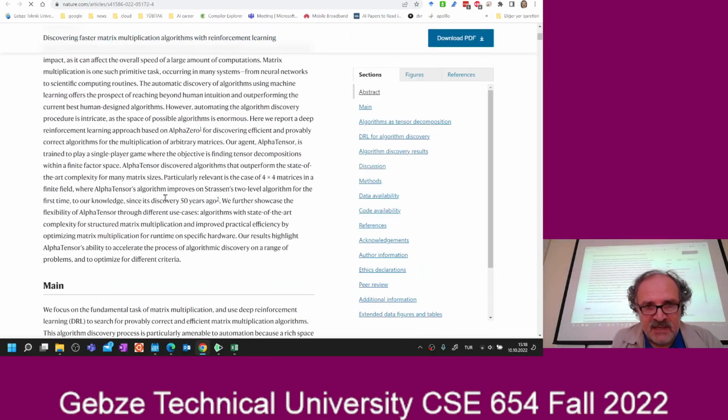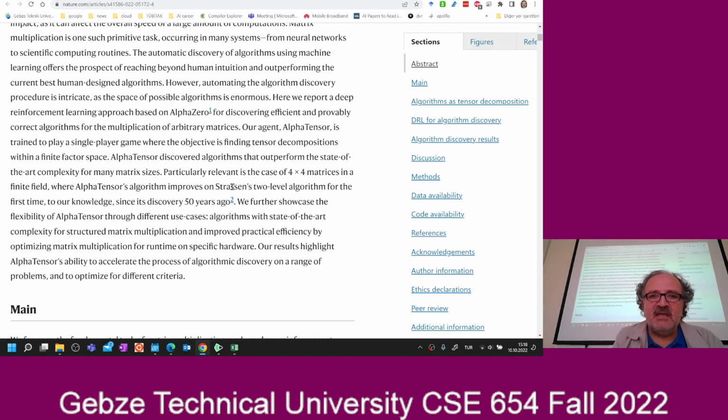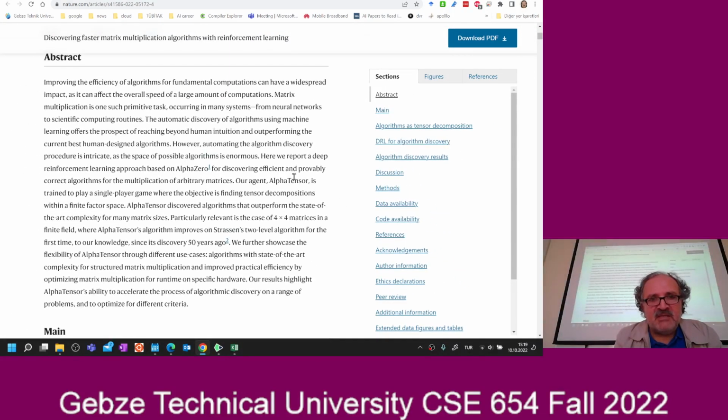Let me see. Yeah, I think the last development in matrix multiplication was 50 years ago. Somebody crazy invented a method for multiplying 4 by 4 matrices with 7 multiplications instead of 8. So he is doing maybe 15% faster, right? Now they are saying we found an algorithm to multiply matrices 30% faster.